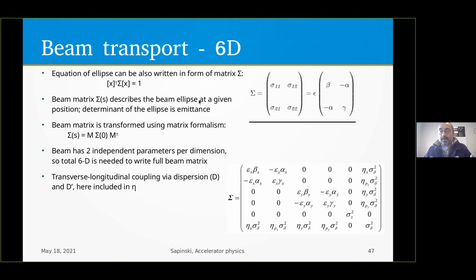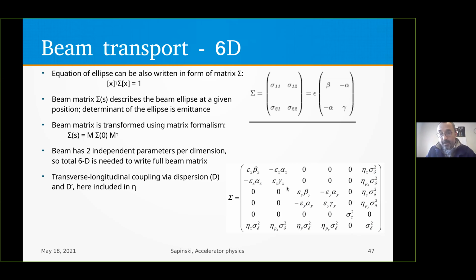It's very nice because instead of having positions and angles of all the particles in the beam, we can have just one matrix. This matrix actually has more dimensions because it's 2 dimensions in X, 2 dimensions in Y, and also we have the 2-dimensional longitudinal phase space. So altogether, the beam matrix has 6 dimensions.